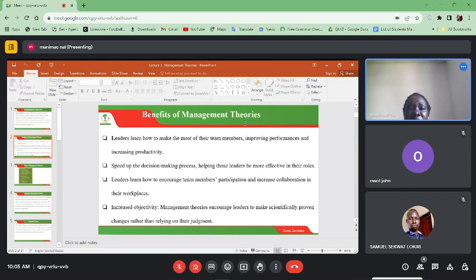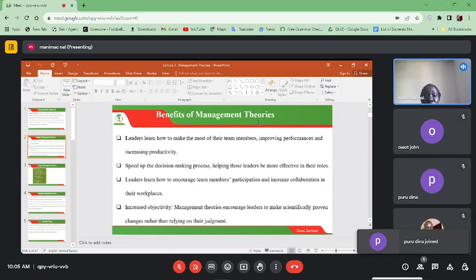Further still, they speed up the decision-making process and help leaders to be more efficient in their roles and responsibilities.